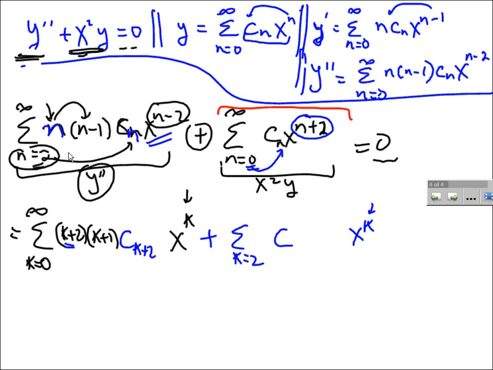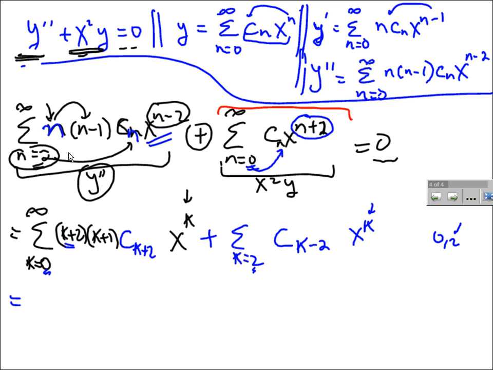Since k starts at 2, I should have 2 minus 2. And there it is. Now, between these two numbers, 0 and 2, 2 is the winner.